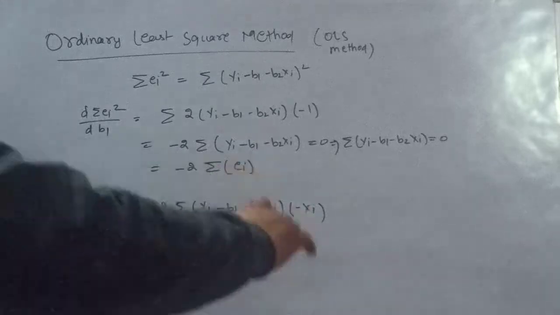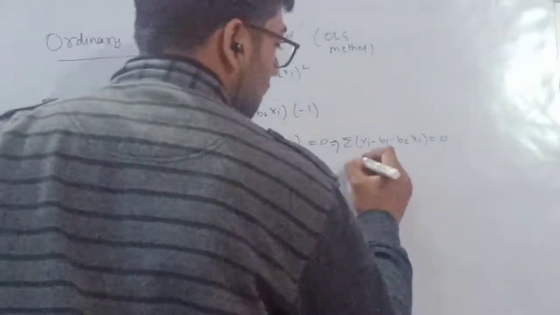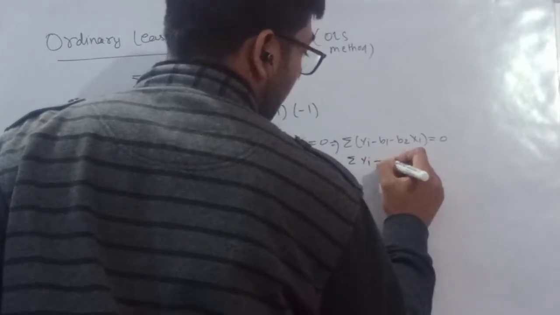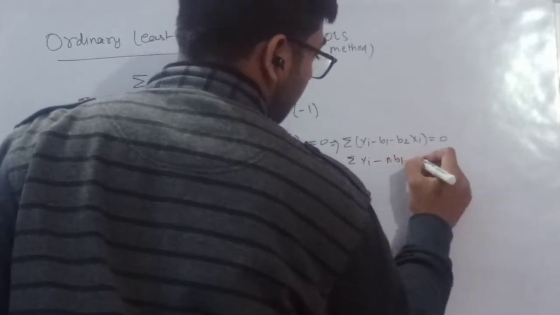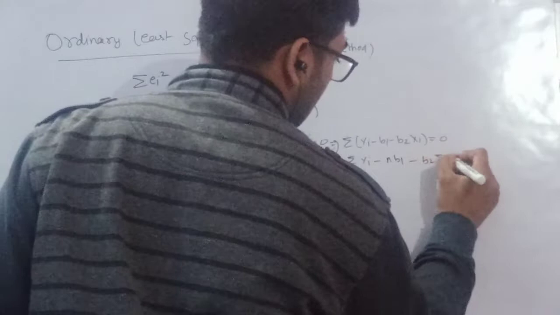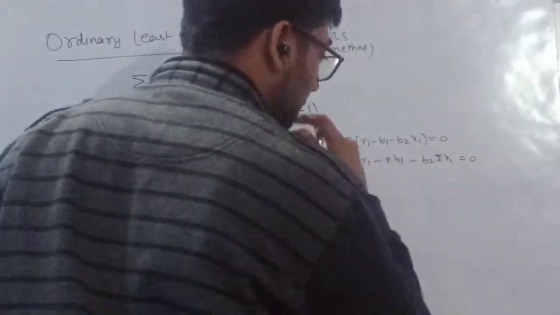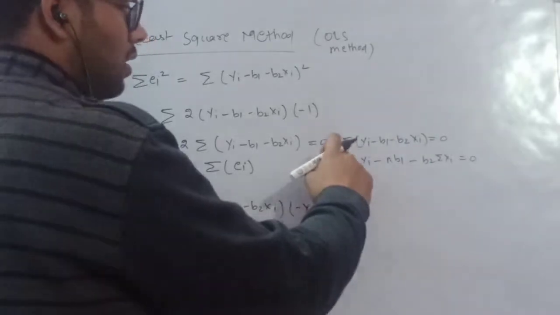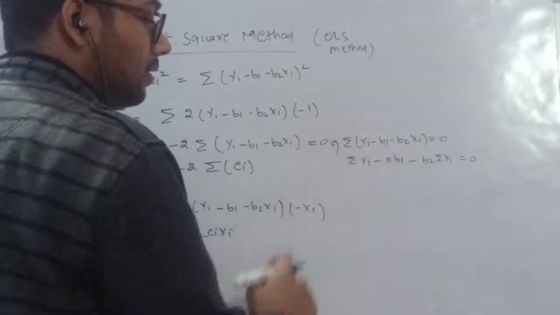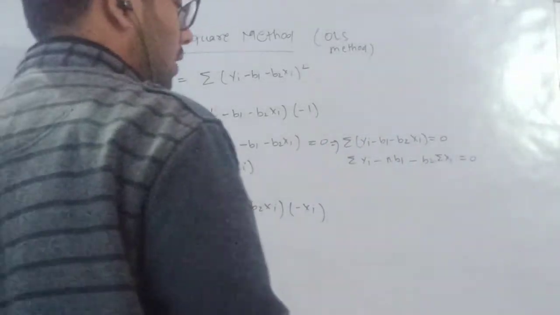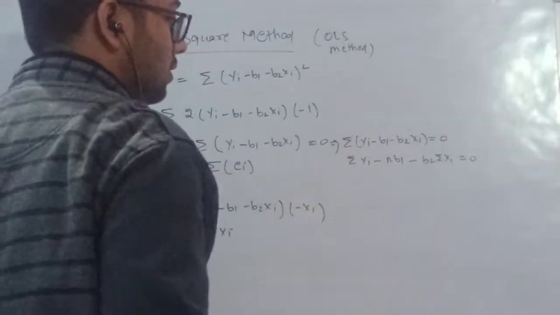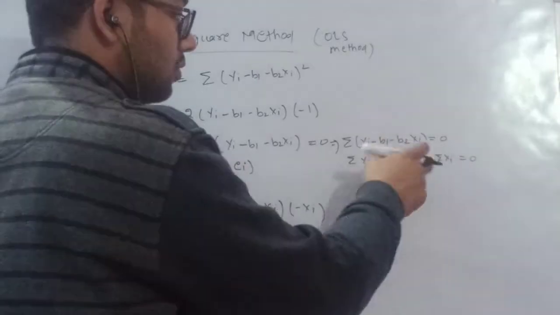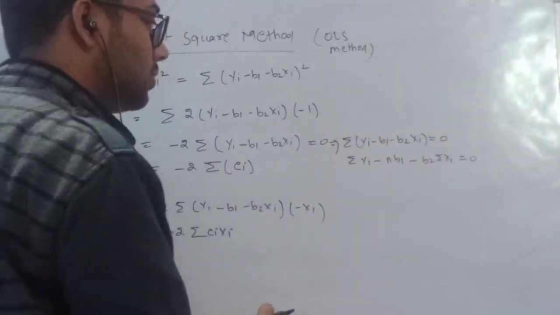Now open the summation: summation Yi minus n b1 minus b2 summation Xi is equal to 0. b1 is a constant, so the summation of b1 is n times b1, and Yi and Xi will be in the summation. b2 is also a constant, so it comes outside the summation.